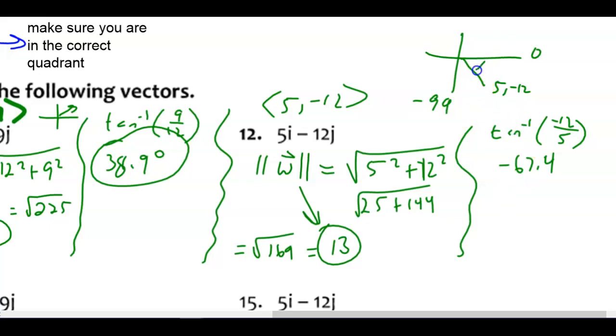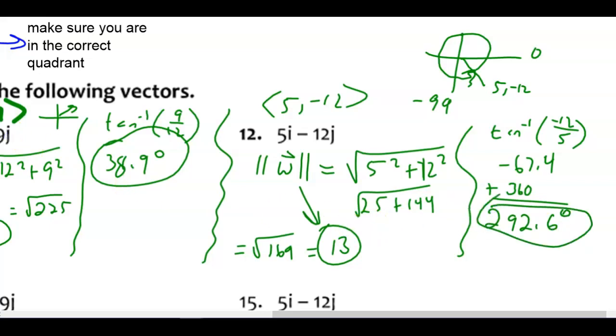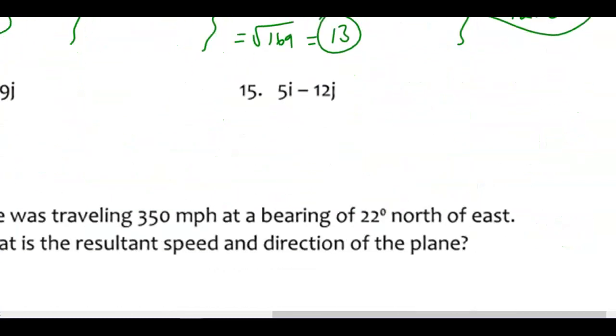But, guys, I need to make it positive. All right, no negatives. So I need to go around one full rotation, or 360 degrees. If I add that to 360, that gives me a grand total of 292.6 degrees. So there is our directed angle. There's our magnitude for number 12.